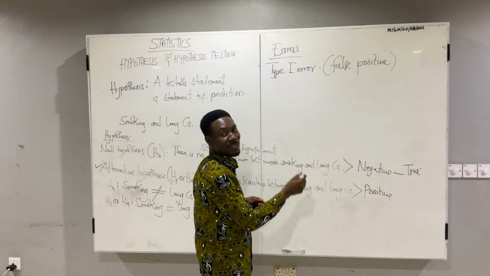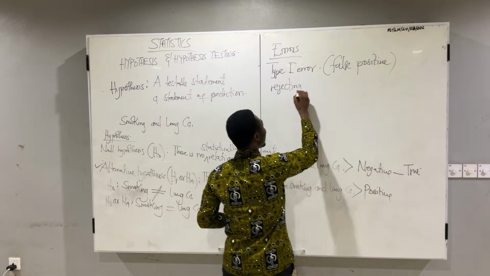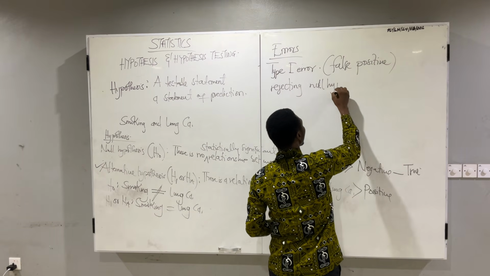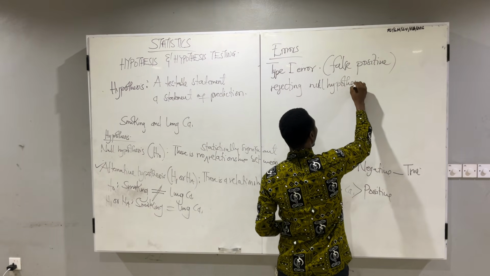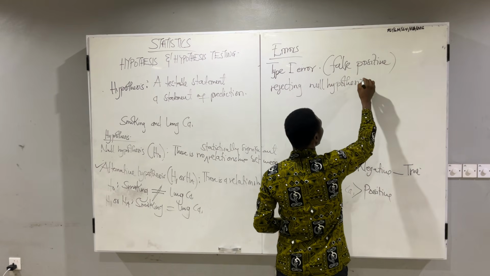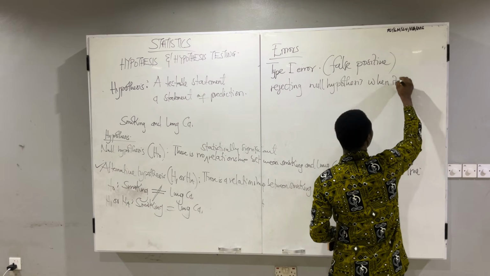So type 1 error simply means rejecting the null hypothesis when it is true.